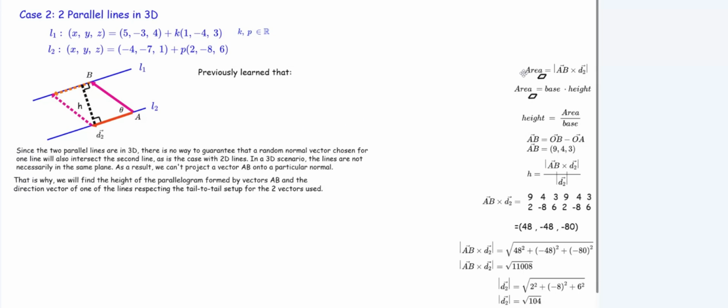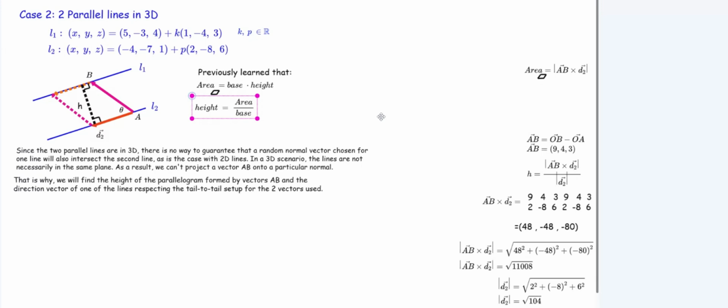Now we can use previous knowledge: we know the area of a parallelogram is base times height. And the height of a parallelogram is nothing but the area divided by the base.